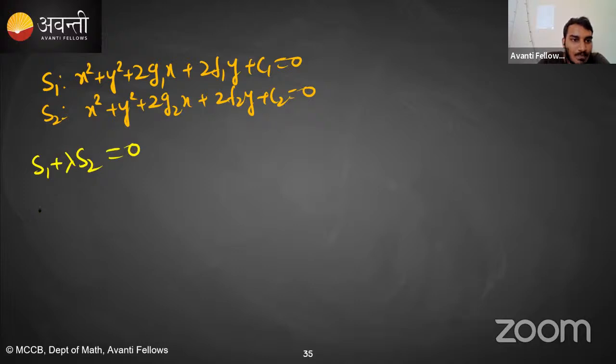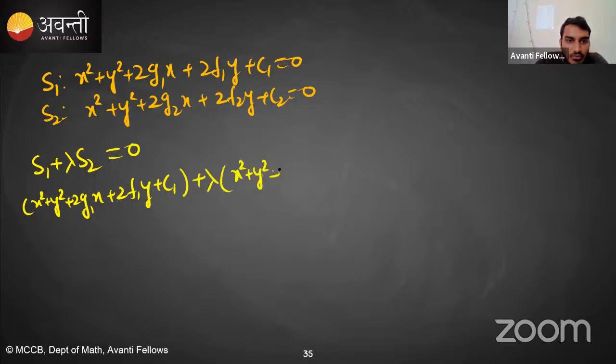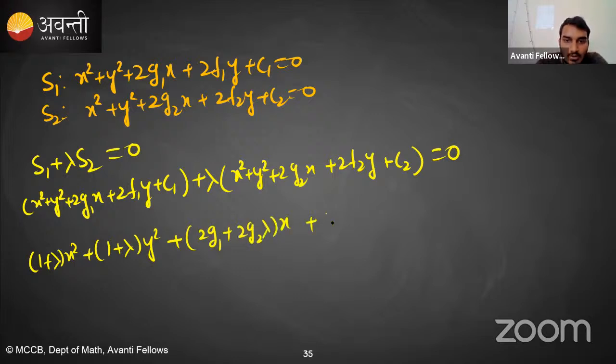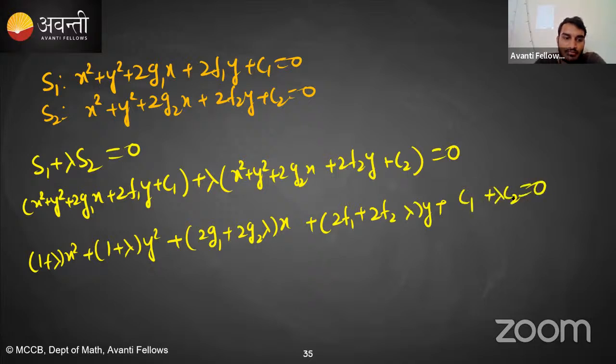So this becomes x square plus y square plus 2g1x plus 2f1y plus c1 plus lambda times x square plus y square plus 2g2x plus 2f2y plus c2 equal to 0. From here you can see that 1 plus lambda times x square plus 1 plus lambda times y square plus 2g1 plus 2g2 lambda into x plus 2f1 plus 2f2 lambda into y plus c1 plus lambda c2 is equal to 0. Clear?